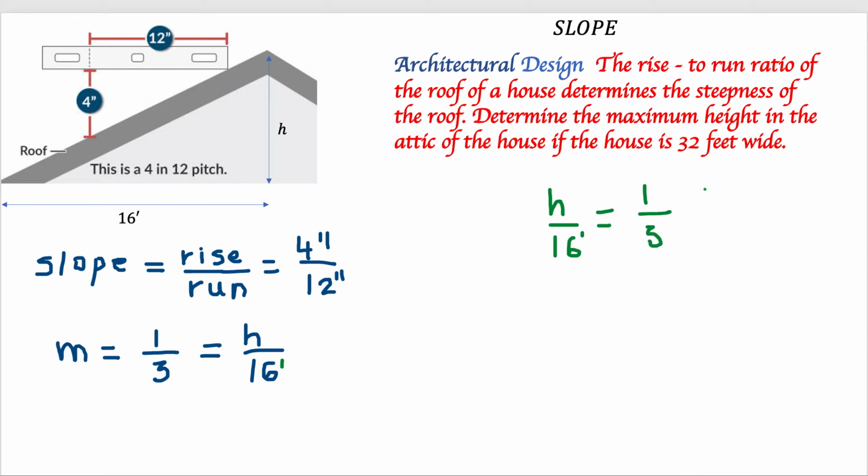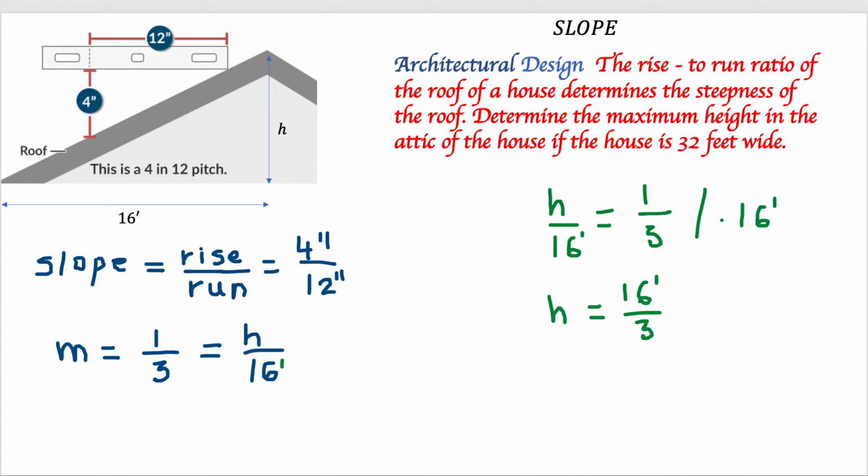So now we are solving this in terms of the proportion, 1/3. What we can do here is multiply everything by 16 feet, everything, to hold the equation. When we multiply, 16 feet times h is h times 16 feet, divided by 16 feet, so here remains just h. On the other side, 16 feet times 1 is 16 feet, and the bottom part of the ratio is 3.